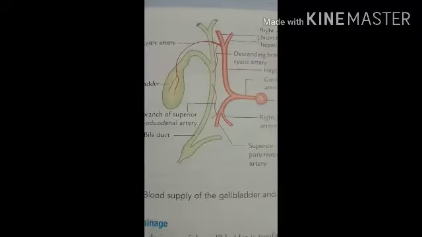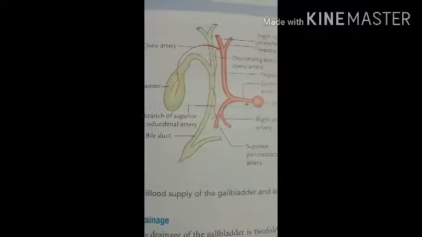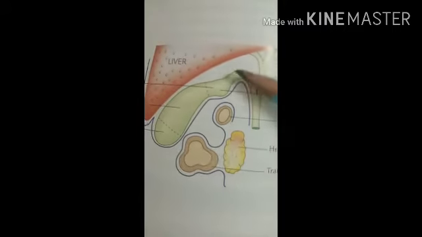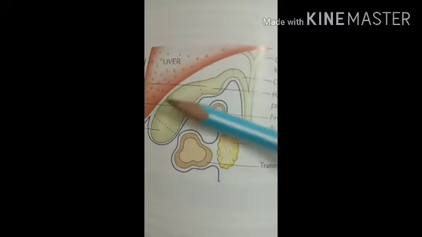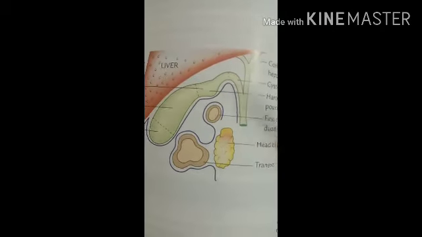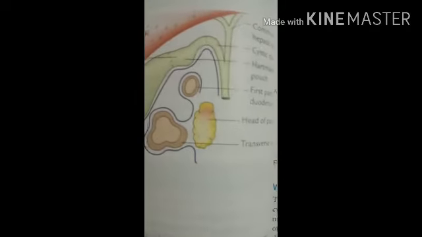After that we have to see the functions of the gallbladder. The functions of the gallbladder are very important. The gallbladder stores the bile and releases it to the duodenum whenever required.